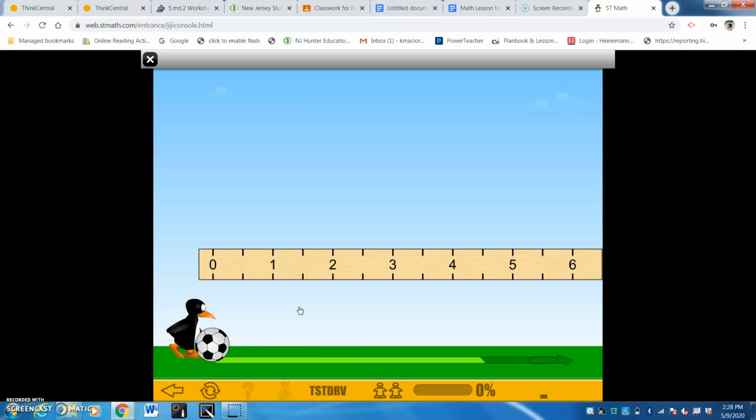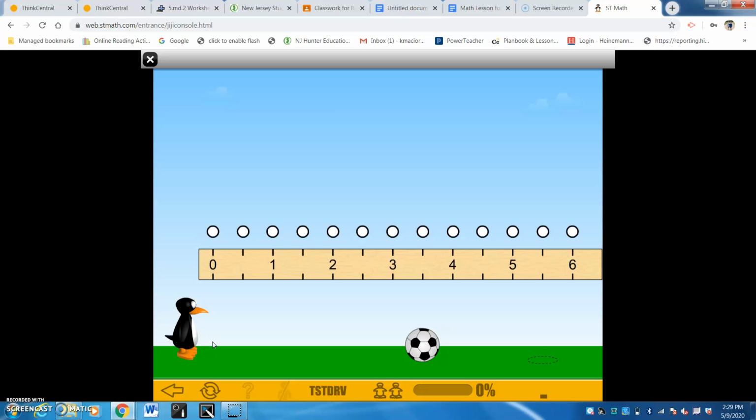So this is making a line plot to display a data set of measurements using fractions. So you notice that you have a ruler here, and it's labeled as in whole inches, and then we have half, and then you'll see as you move through the puzzles it'll be in eighths and so on. So what you just have to do is watch Gigi kick the soccer ball by clicking on the soccer ball, and you notice that every time he kicks it, it's a certain amount of length, and you have to choose the dot that matches the length of the soccer ball.